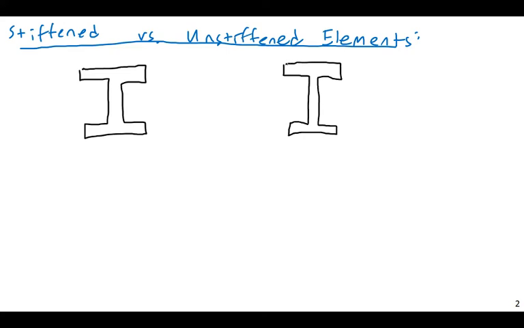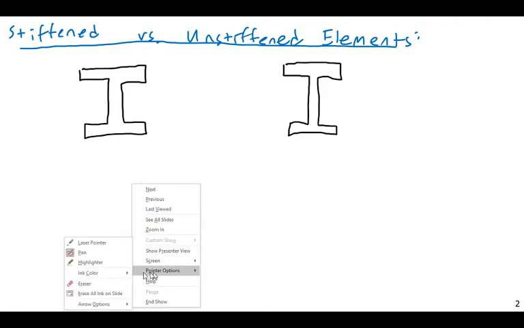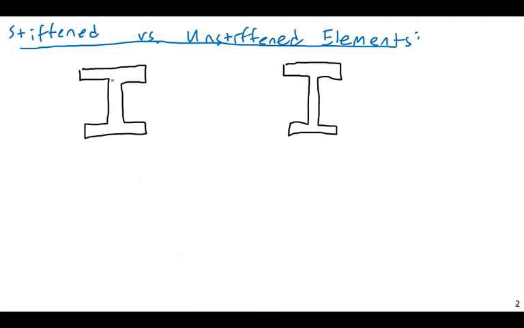You hear this phrase, stiffened versus unstiffened. So let's look at how flanges versus web plates behave when subjected to buckling. If I have a web here, if this thing's going to buckle, it has to buckle out like this. The web will have to buckle out something like this. It's going to buckle out at the middle, but it's still supported at both ends.